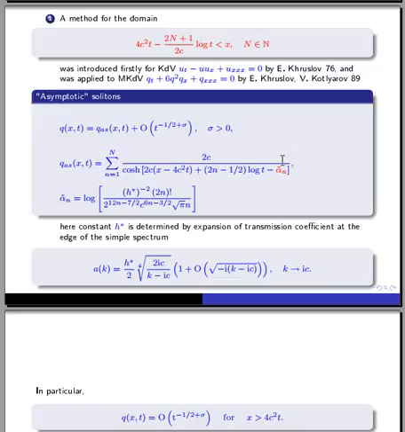We can notice that the influence of the initial profile, of the explicit form of the initial profile, is relatively small here. It is presented only in this constant phase alpha tilde. And alpha tilde is determined via the transmission coefficient in the following form.